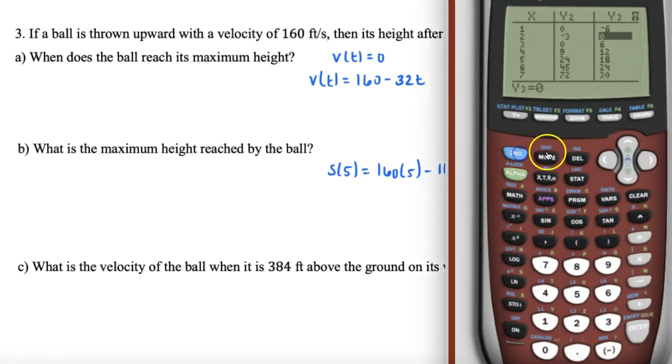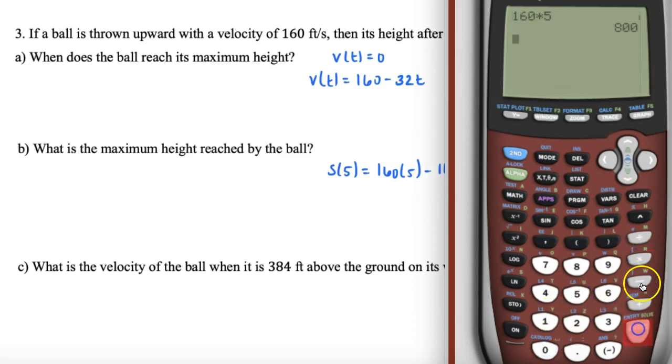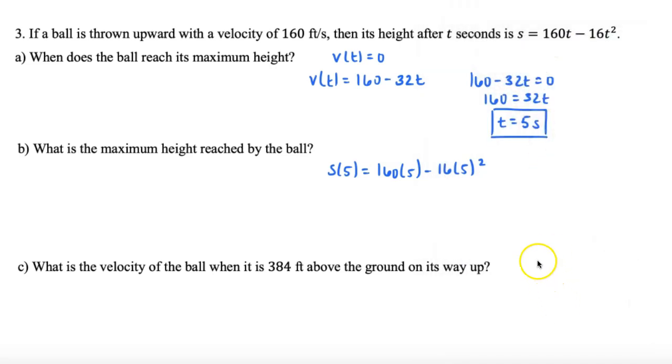I can do this in my calculator. I get 160 times 5 minus 16 times 25, and I get 400.